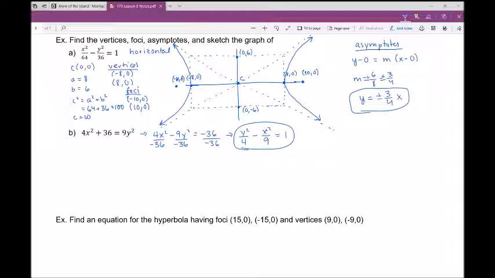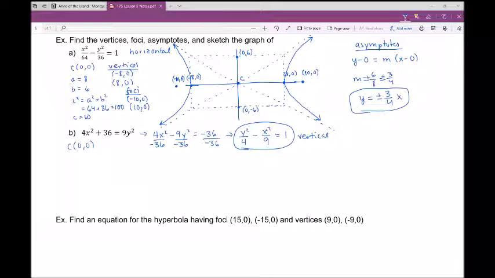And again, you'll notice the center is 0, 0, and it is oriented vertically this time because y squared is the positive term. Okay, but notice that 4 is less than 9, so the size of 4 and 9 has nothing to do with it. It is simply what letter has the positive sign.